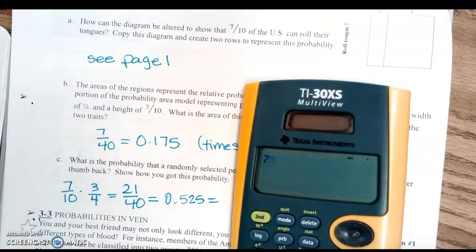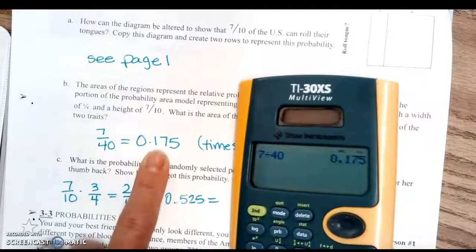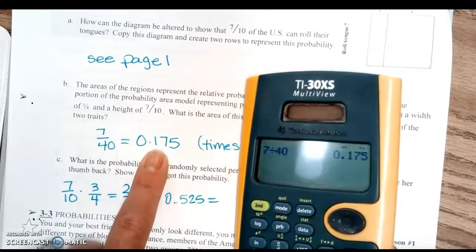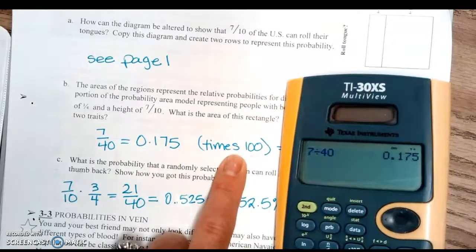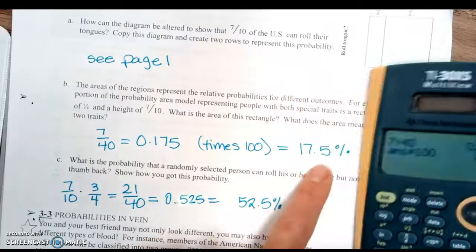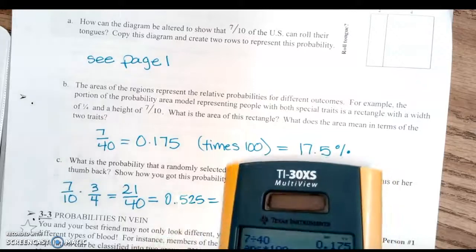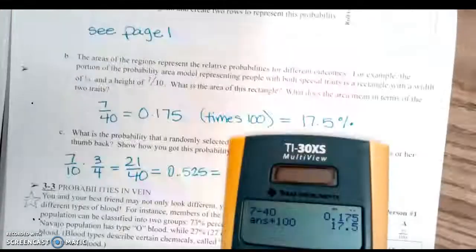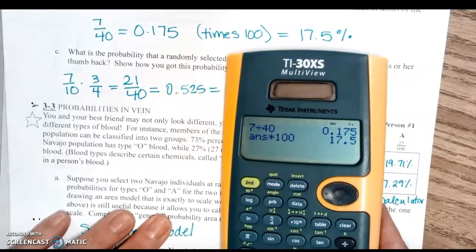So 7 divided by 40. That's going to give us the decimal of 0.175. Then we need to multiply by 100. That's going to give us a percentage of 17.5. Okay? Move that calculator down a little bit so you can see the steps that we did.